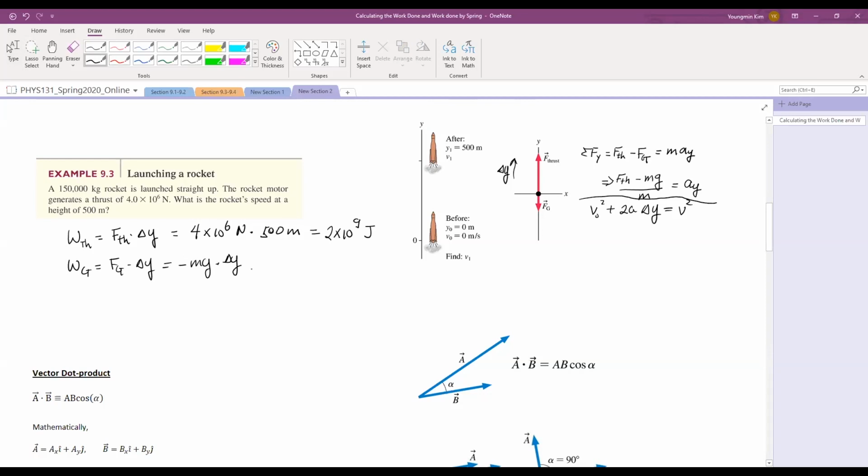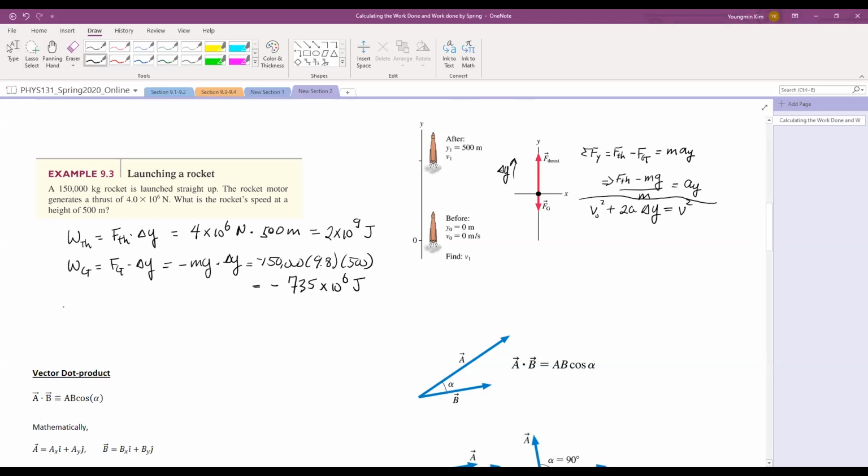So this shall give us a negative work. So here we have minus 150,000 times 9.8 times 500. And that should give us minus 735 times 10 to the 6 joule.